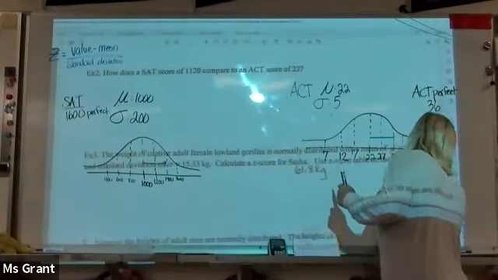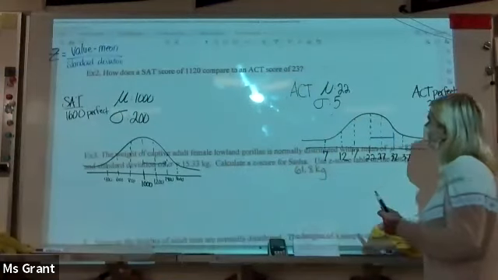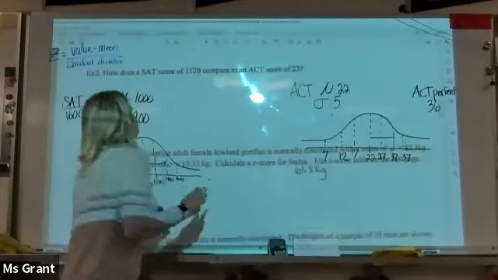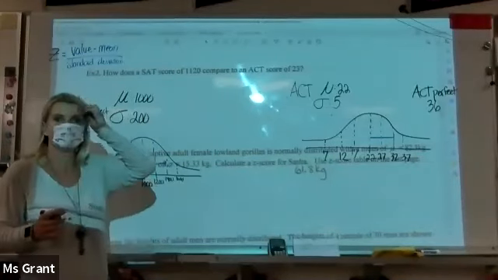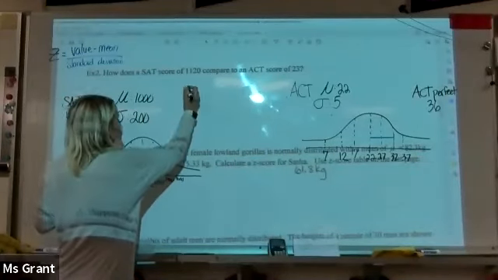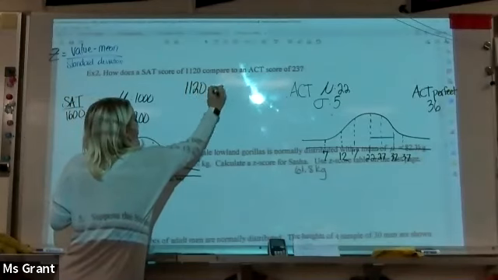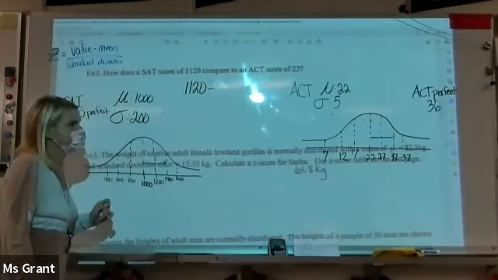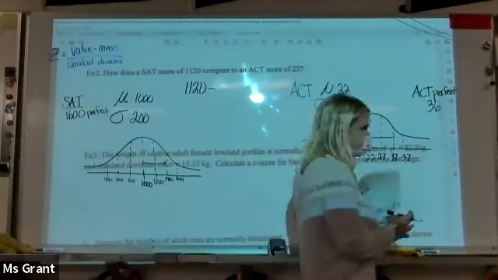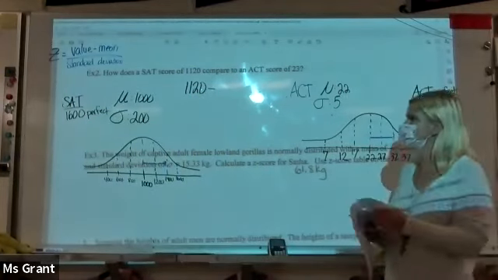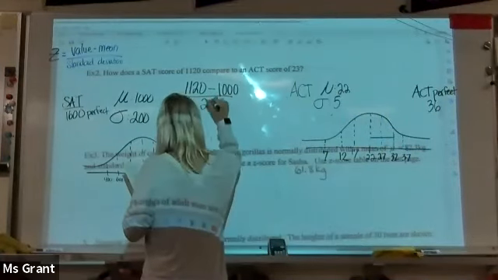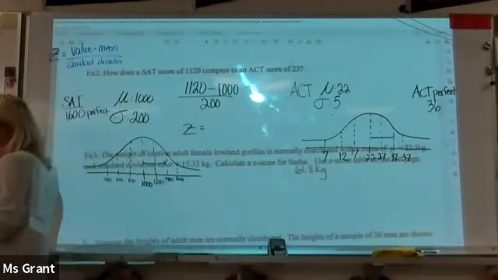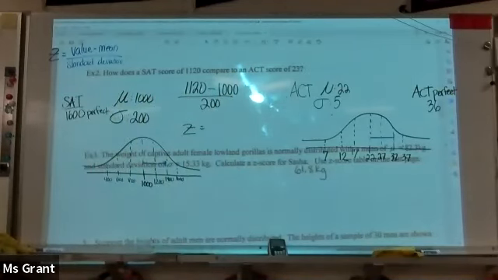I'm going to keep what's important. If you have an SAT score of 1120, that's the number that I plug in, minus my mean. My mean is 1,000, so I'm going to subtract 1,000, divide by the standard deviation of 200. 1120 minus 1,000 divided by 200. What is it?